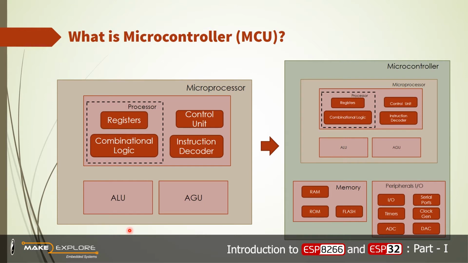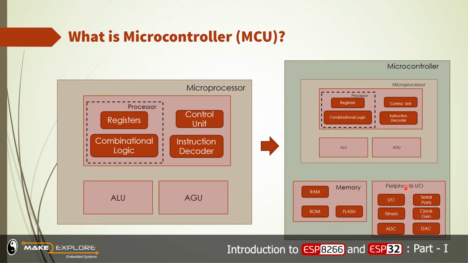Let's see what the difference is between MCU and MPU. Here is the microprocessor, and the microcontroller has a microprocessor on board with other peripherals like memory, ROM, RAM, flash memory.